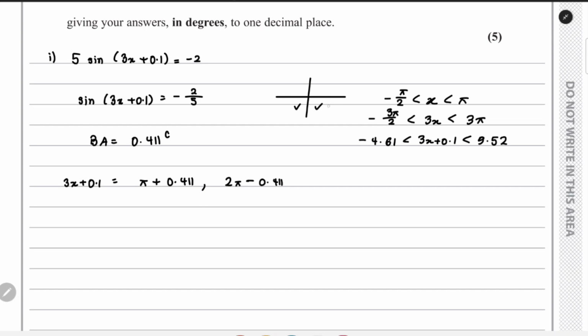our value of 3x plus 0.1 can be pi plus 0.411, 2 pi minus 0.411, and if we go in the negative axis, so instead of rotating like this where we rotate into the positive axis, we'll rotate opposite to it. So we'll rotate like this.